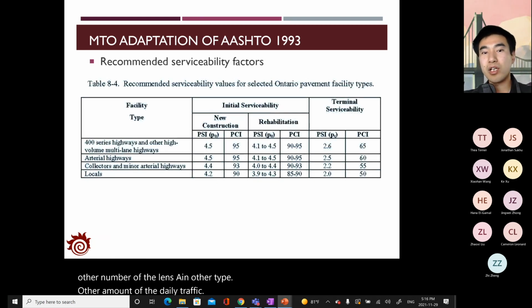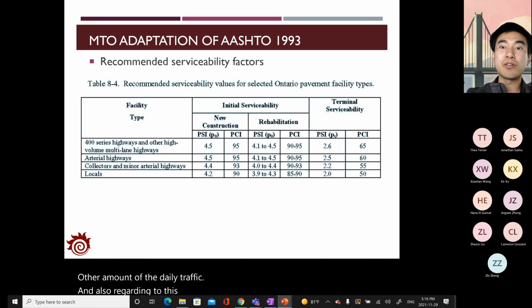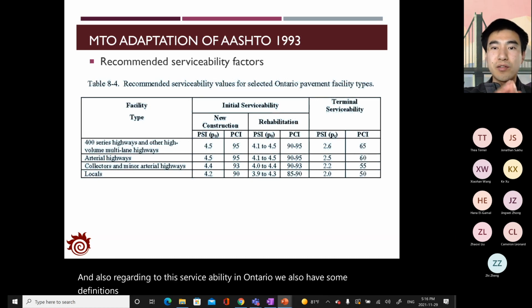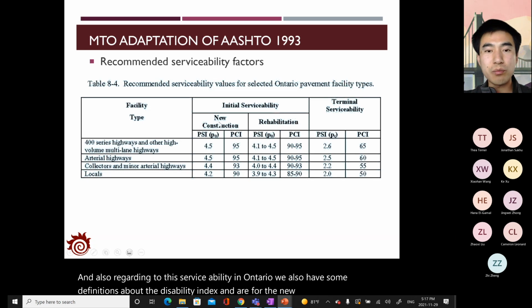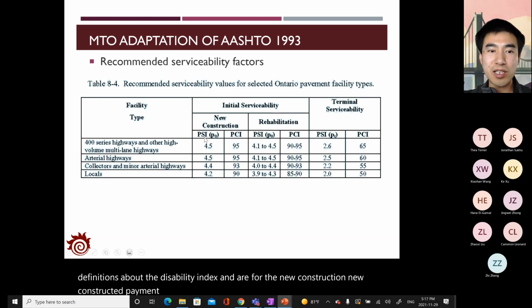And also regarding the serviceability, in Ontario, we also have some definitions about the serviceability index. For newly constructed pavement, the PSI will usually be set around 4.5 for the freeways and arterial corridors.